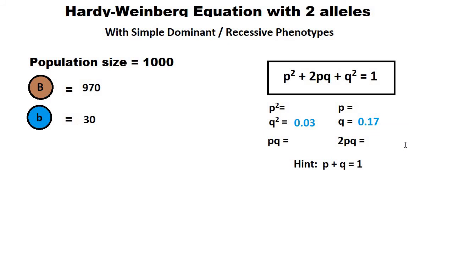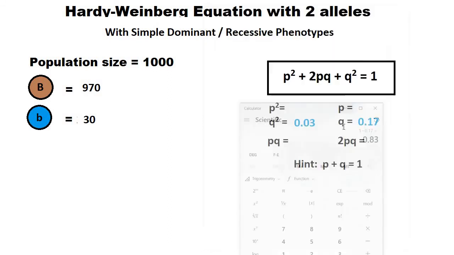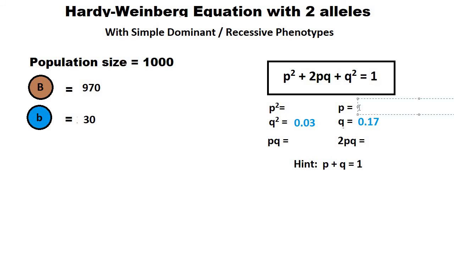All right, so what is 1 minus 0.17? That's 0.83. So we know that p has to be 0.83 because p plus q is always going to equal 1.